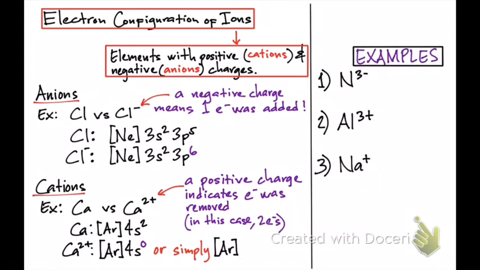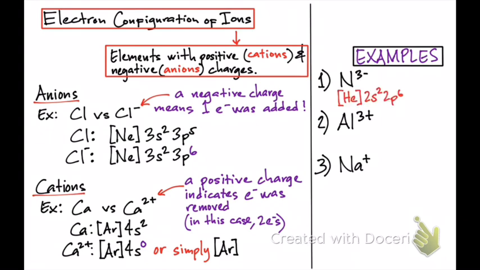So let's look at a few more examples here. We have a nitride ion, aluminum ion, and a sodium ion. The element nitrogen has a total of 7 electrons, and since we have a negative 3 charge here, that means we're adding 3 electrons to 7. So we have a total of 10.